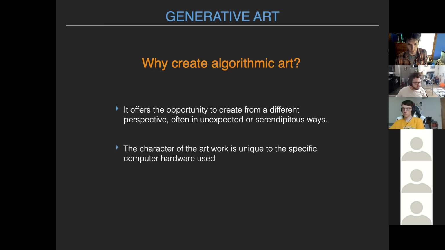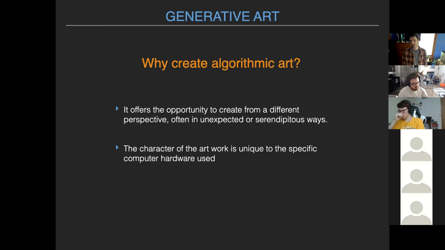And then this notion of being unique to a specific computer hardware. This could relate to a lot of things. The big example I just give, because I've used it myself, is if you were to use a screen in some work. You have this room, you have a screen, it doesn't even matter what else is there.